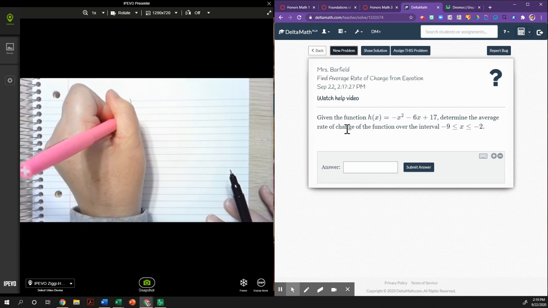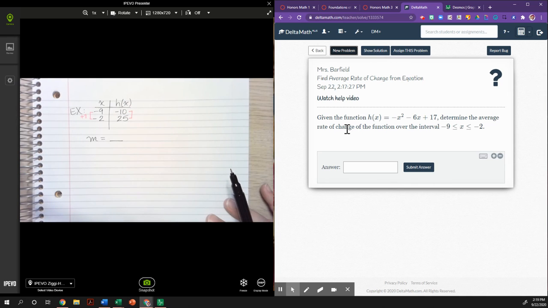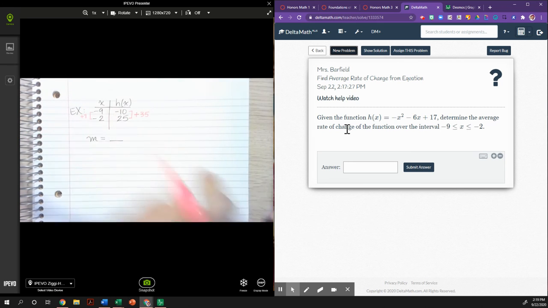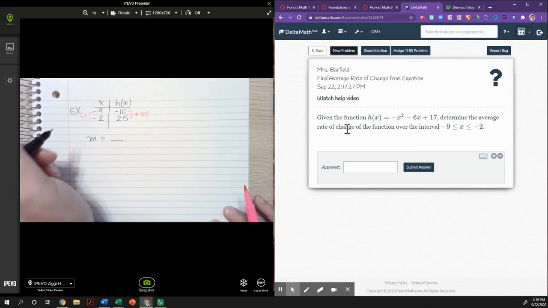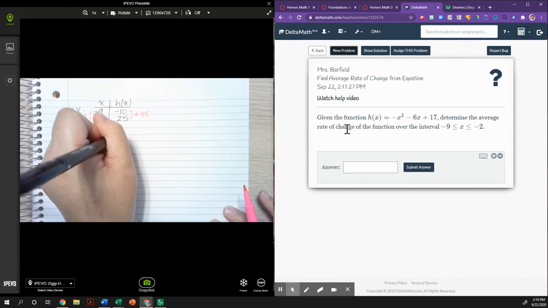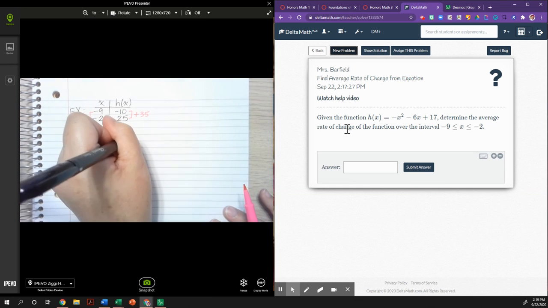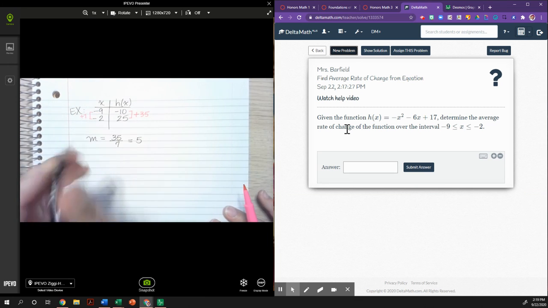And to go from -10 to 25, that means I need to add 35. Which means my change in y is 35 over my change in x, which is 7, which is 5.